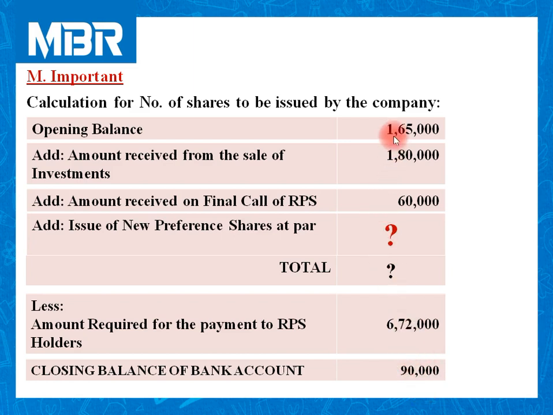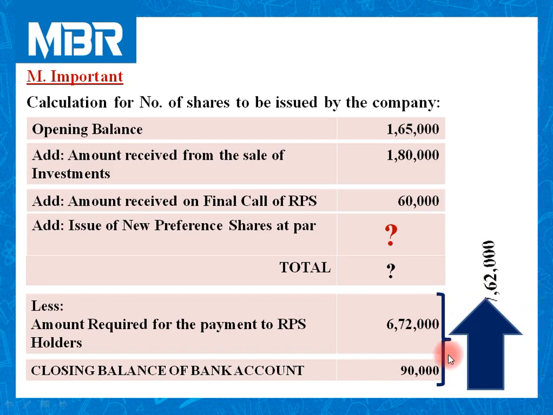So we need to complete this table with the calculation of issue of new equity shares at par and the total of the receipt side. Let us calculate in reverse order. We need 6,72,000 for payment and 90,000 rupees as closing bank balance. It means we need rupees 7,62,000.